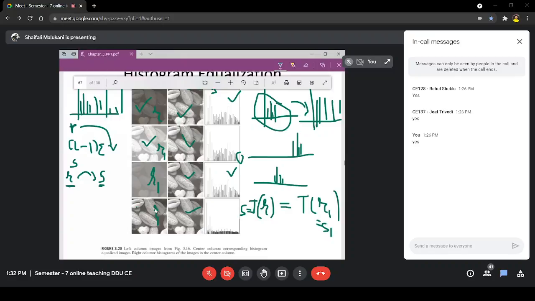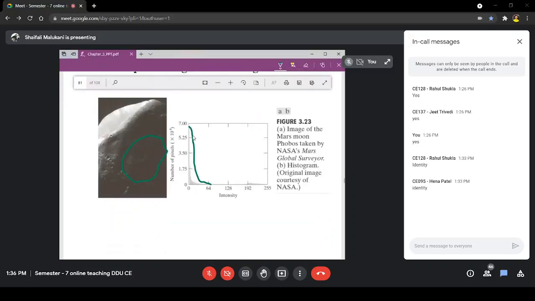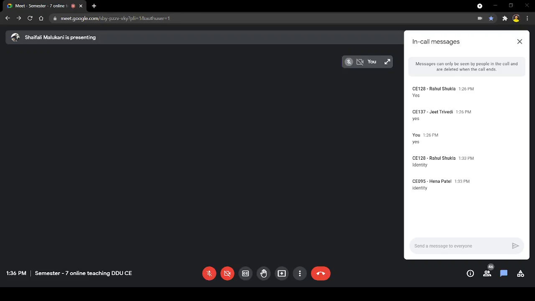So what is the requirement? What was the earlier histogram of this image? The earlier histogram of this image was like this. This was the shape, right? And as expected, more intensities were on the left hand side.